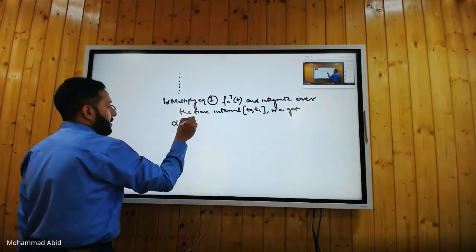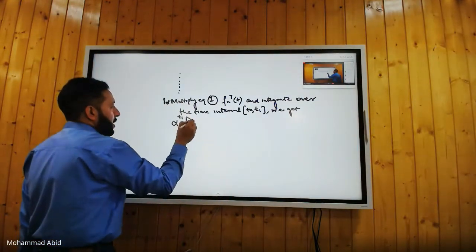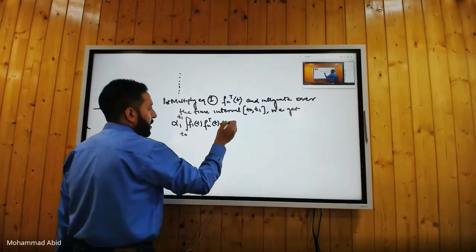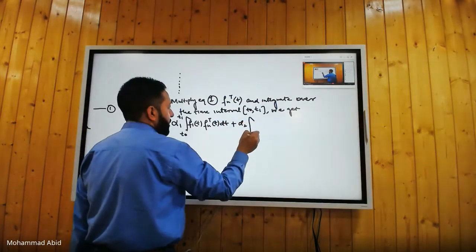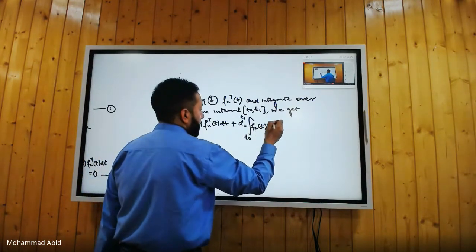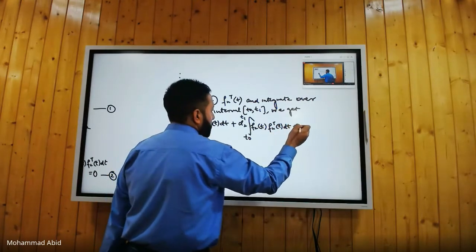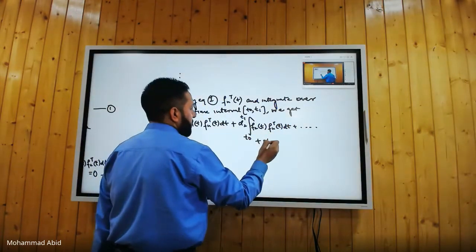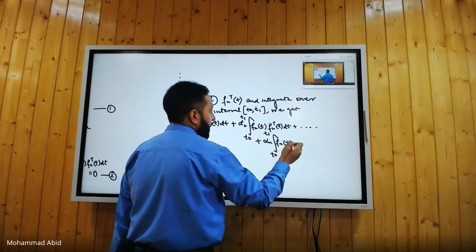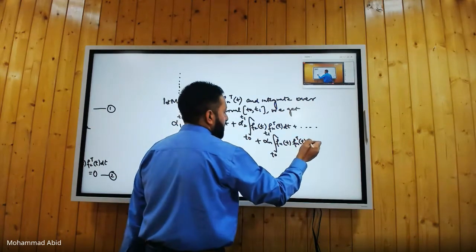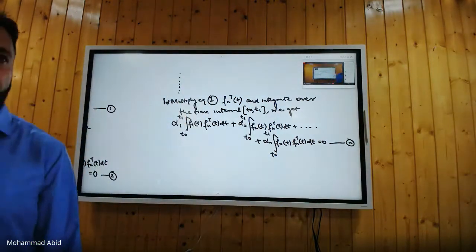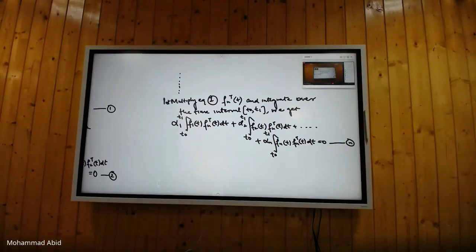We get alpha 1 integral of t0 to t1 F1(t) Fn transpose(t) dt, plus alpha 2 integral of t0 to t1 F2(t) Fn transpose(t) dt, plus so on, plus the last term alpha n integral of t0 to t1 Fn(t) Fn transpose(t) dt equal to 0. This will be equation number n. Are you following me? I need at least one response.